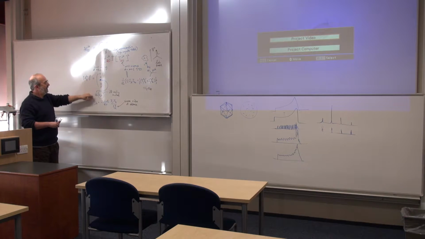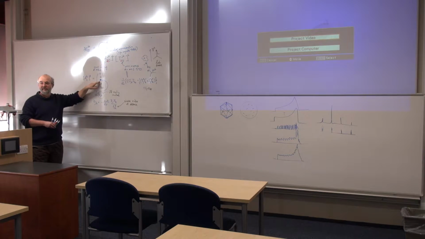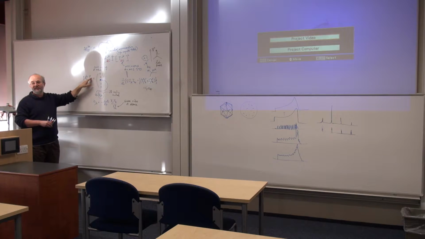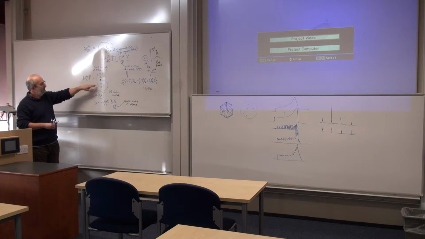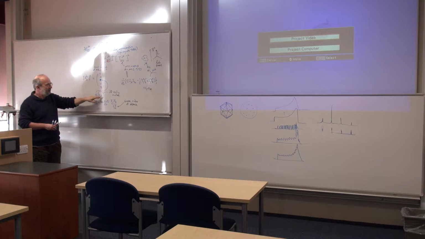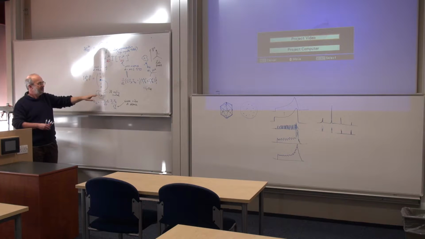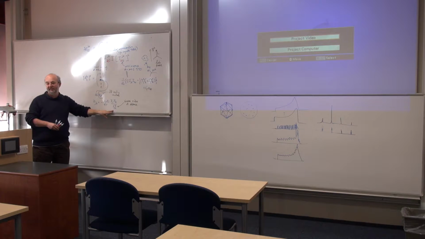The tensor only has an m is 0 component, but in the principal axis frame that's different from the lab frame. And that one non-vanishing component is proportional to the dipole-dipole coupling constant, which is proportional to the inverse cube of the distance.